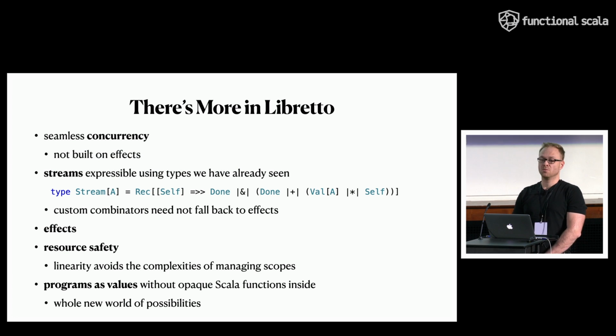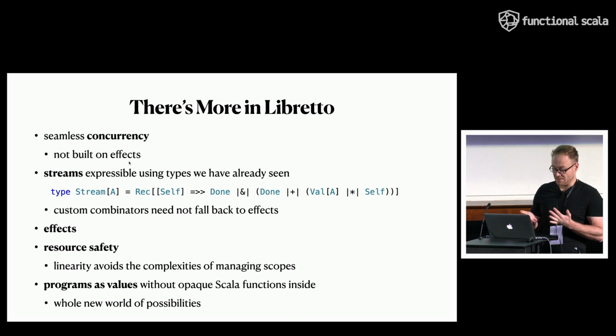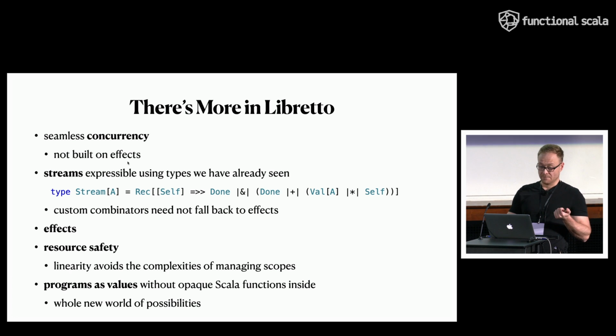But there's more in Libretto than what I have just talked about. It offers seamless concurrency that is not built on effects like spawning fibers or spawning actors. Streams are readily expressible using only the types that we have seen today. There in one line is a definition of a stream, basically just alternating consumer and producer choice.